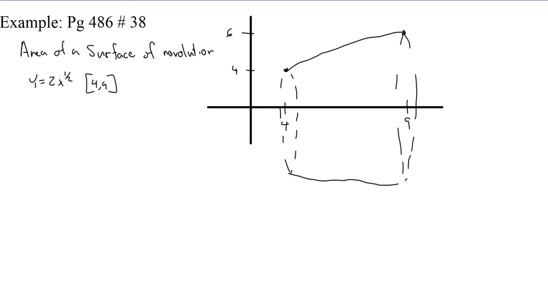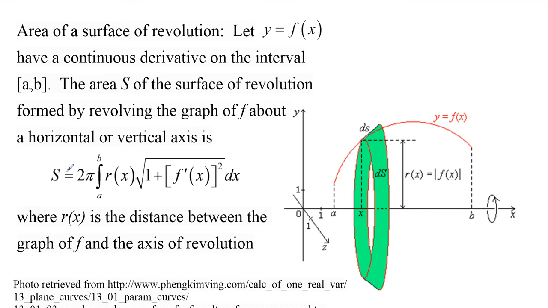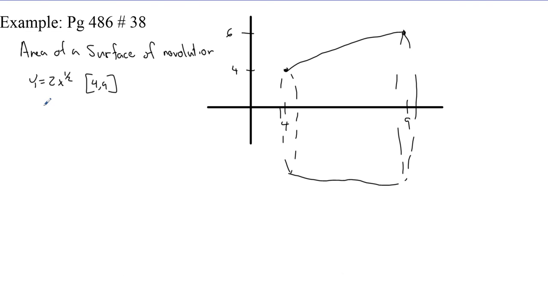All right, so I go back and I look at this equation. S equals 2 pi from a to b of r times the square root of 1 plus f prime of x squared dx. The first thing I need is my f of x.